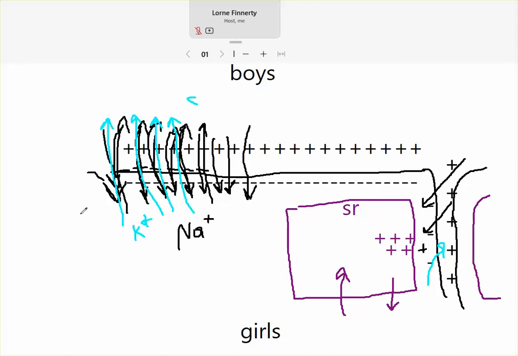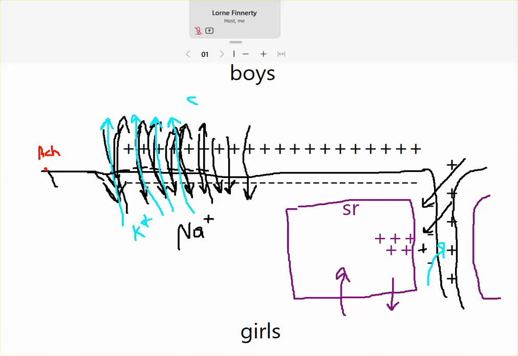So what that means is that if we go all the way over to here, I have a gate here that is a chemically gated channel, and acetylcholine binds onto this gate.